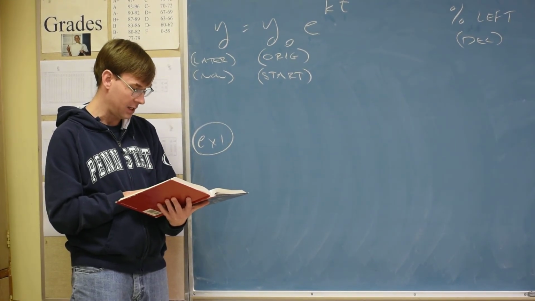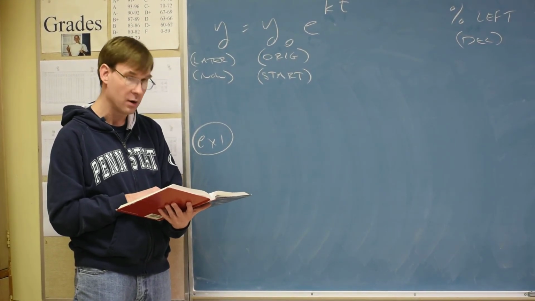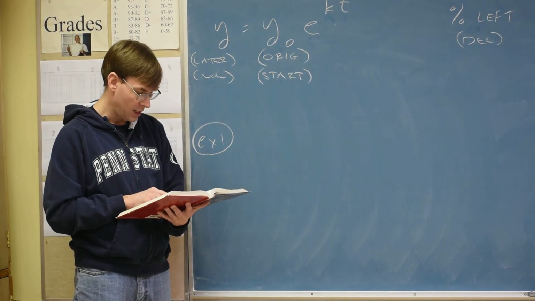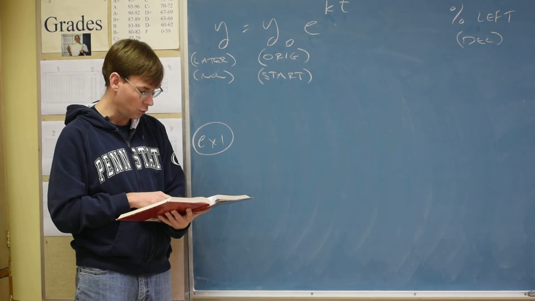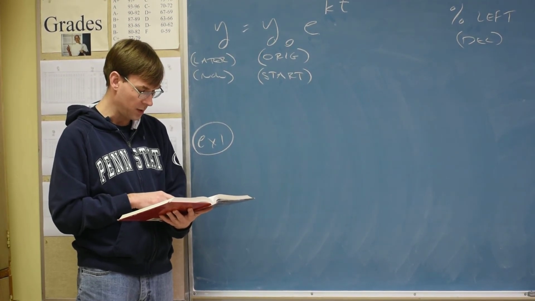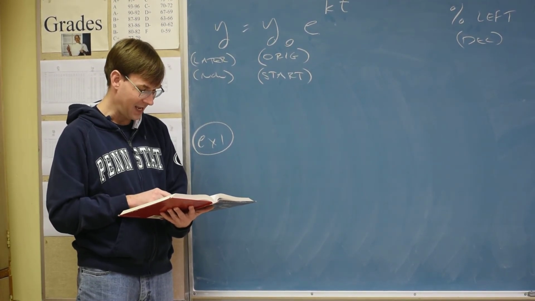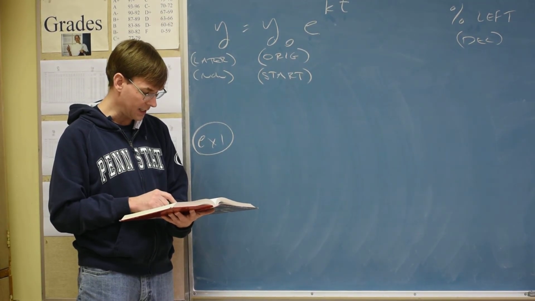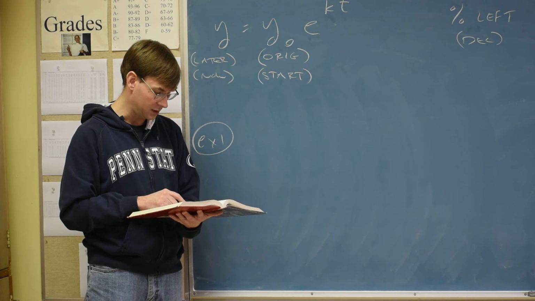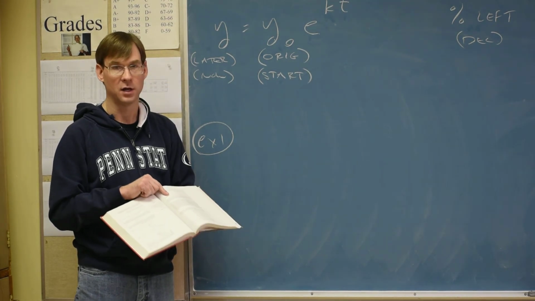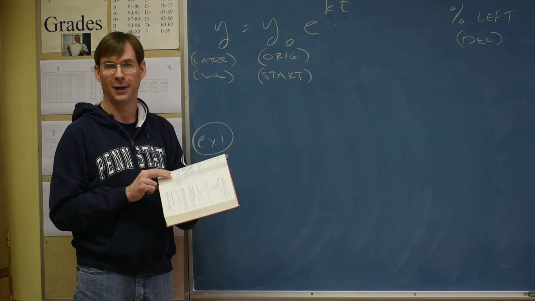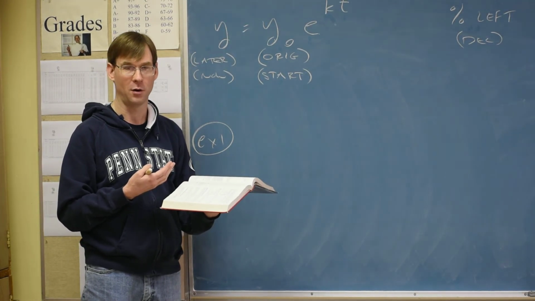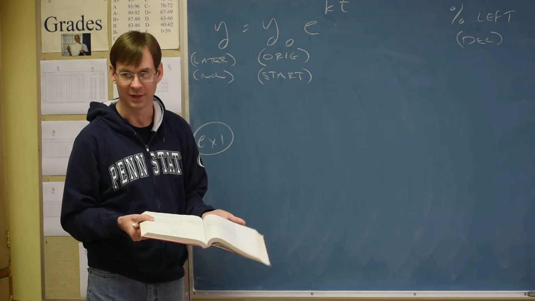They say, suppose in any given year, so they gave us a time there of 1 year, the cases worldwide are reduced by 20%. There are 10,000 cases right now, and we want to predict how long it's going to take for the cases to go down to 1,000. You can probably understand there are people doing that right now with this very disease. So this is a timely example in a sense.